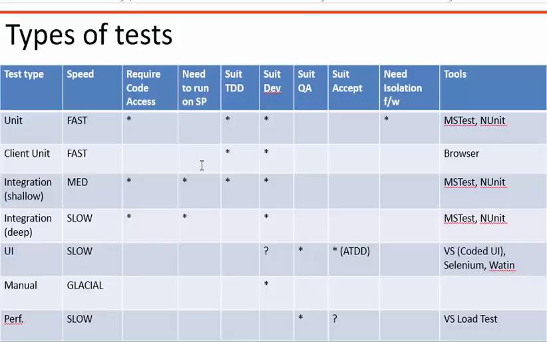Those tests are typically quite slow, and an acceptance test suite might take an hour or two to run overnight, which is absolutely fine, but is completely useless for test-driven development. TDD tests have to run fast. Unit tests usually run fast. It might be possible to use integration tests, because as long as you can make them work fast, they are suitable for test-driven development, and that's one approach we can consider.